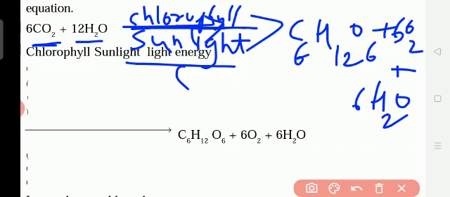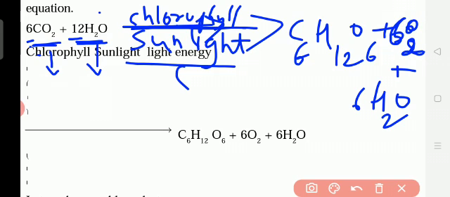6CO2 plus 12H2O. CO2 is carbon dioxide, H2O is water: 6 molecules of carbon dioxide and 12 molecules of water. When this water breaks down, it releases the oxygen. How much oxygen is it releasing? 6 molecules of oxygen, 6O2.